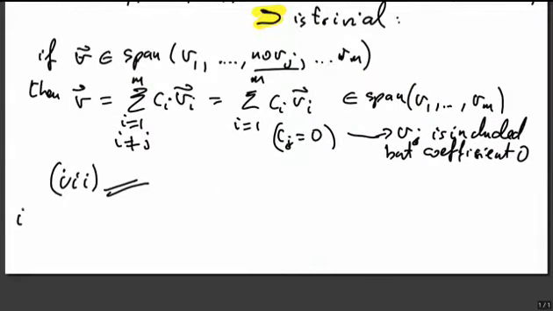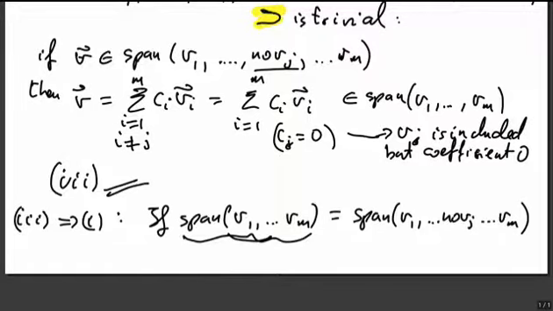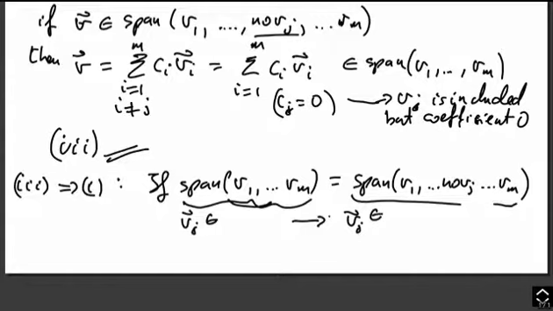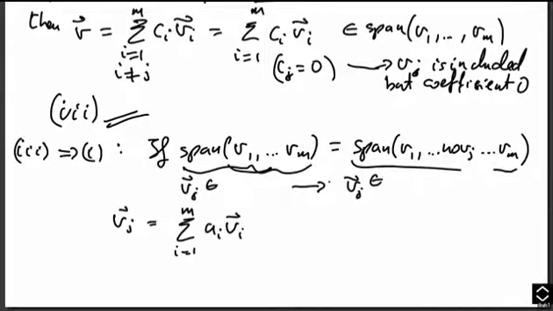The last part, to show that 3 implies 1: if the span of all the vectors v1, vm equals the span of all vectors but with no vj, here we have vj, that means vj itself is in this set, and then this set is the same as the span of vectors without vj, so that means that vj is in this set, and the definition that vj is in this set means exactly that vj is a linear combination of all the other vectors.